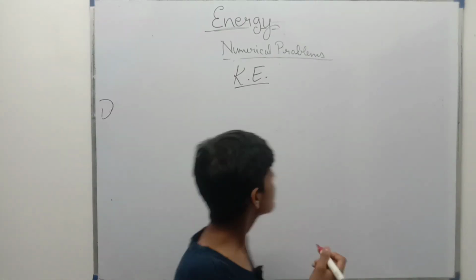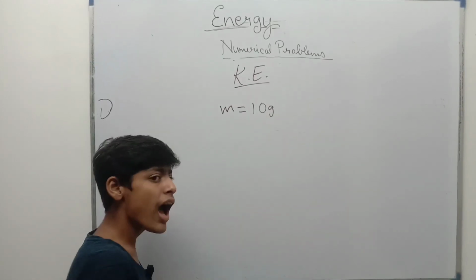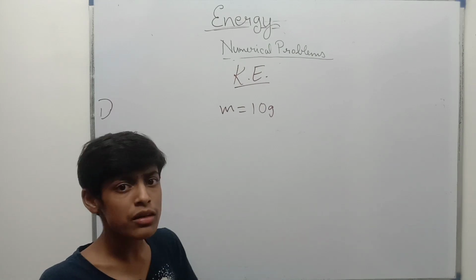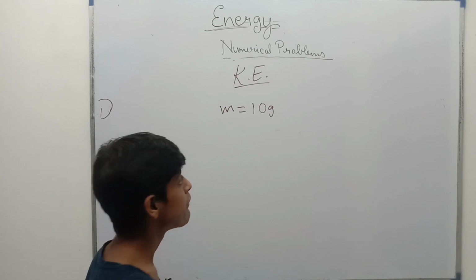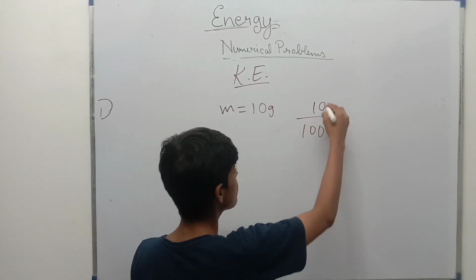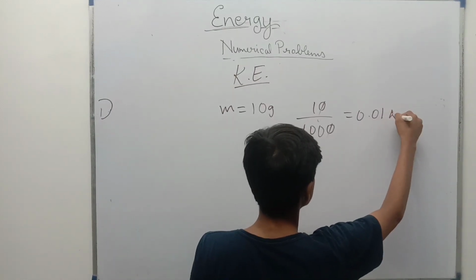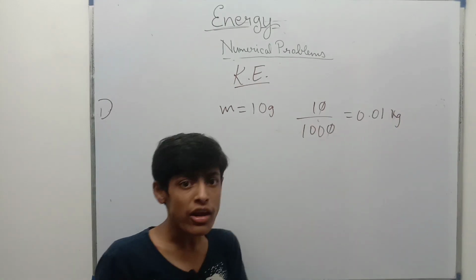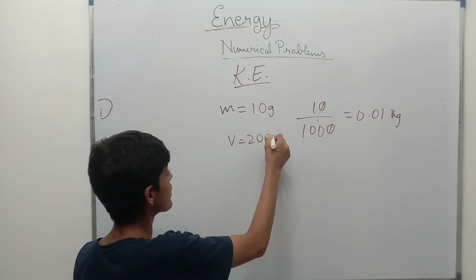Now the mass in the question is given as 10 gram, but gram is not the SI unit of mass, it is kilogram. So now we will convert this 10 gram into kilogram. 10 upon 1000, and here the zero cancels, and we have 0.01 kilogram. 0.01 kg is the mass of the bullet, and velocity is given as 200 meter per second.